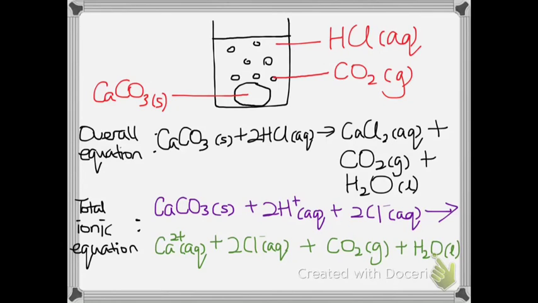I have also shown here the total ionic equation if we were to follow the rules that we have been using so far and split up only the aqueous compounds in the reactants and products. And this is of course the total ionic equation that we would get.